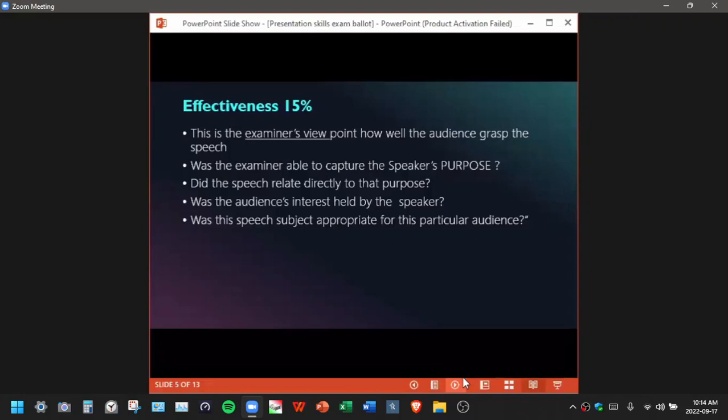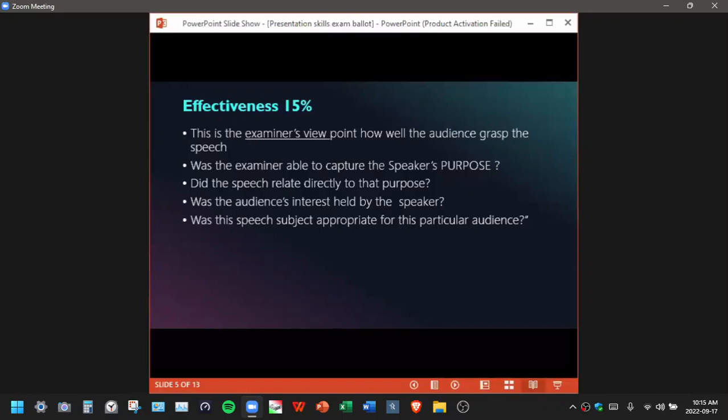This includes whether the audience grasps your speech and whether they can understand the purpose of your presentation, and whether it is directly related to that purpose, because some speakers have a topic and they talk about something else, and they just conclude the presentation.